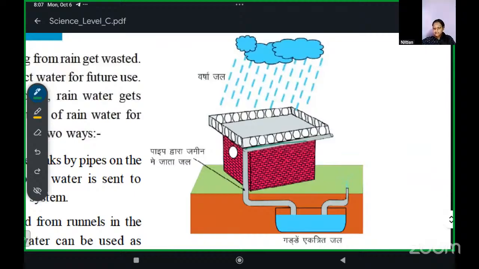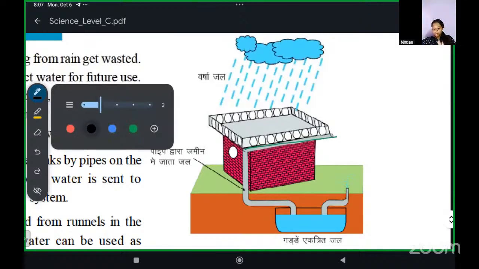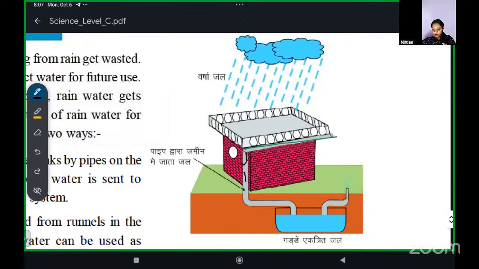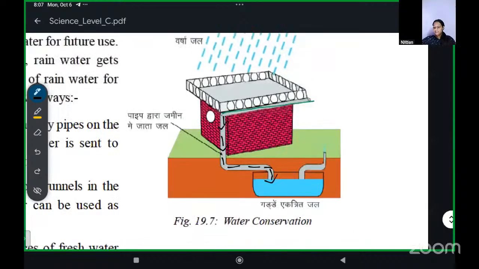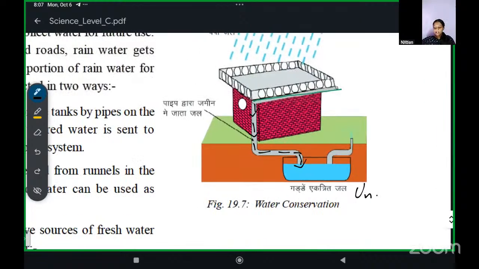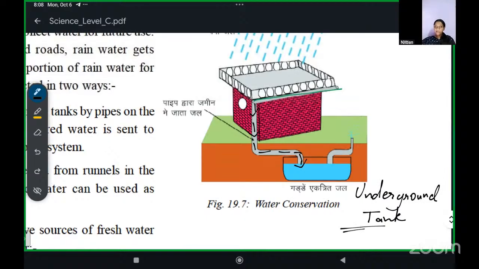The water will come towards the pipe and flow down, and then into the tank. This is an underground tank to store your rainwater.